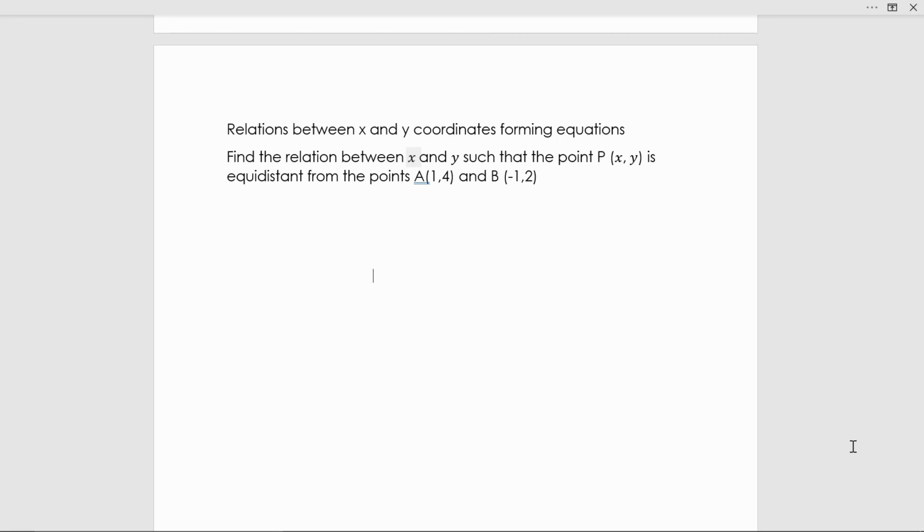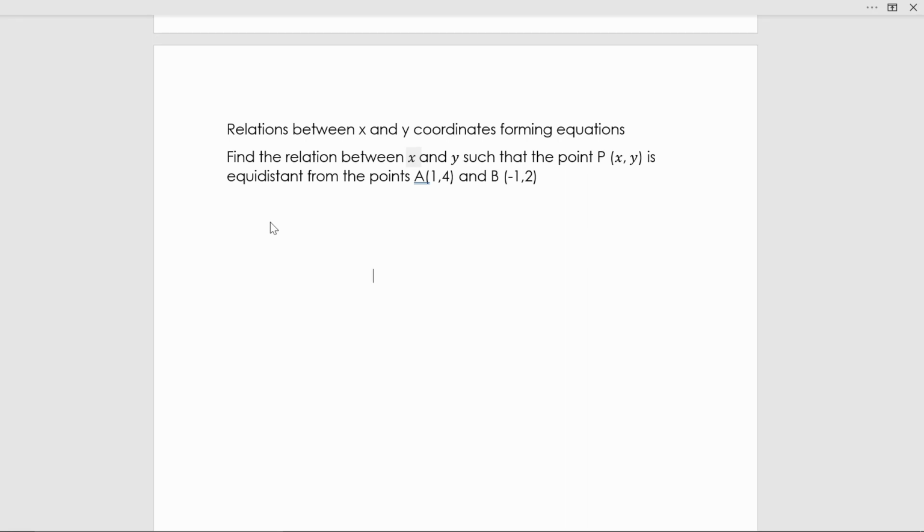So here there is a little bit of a trick. To frame this equation, we need to first break this whole thing into steps.